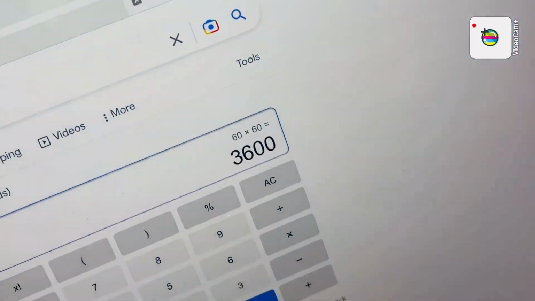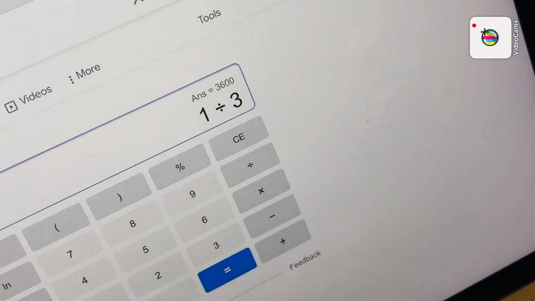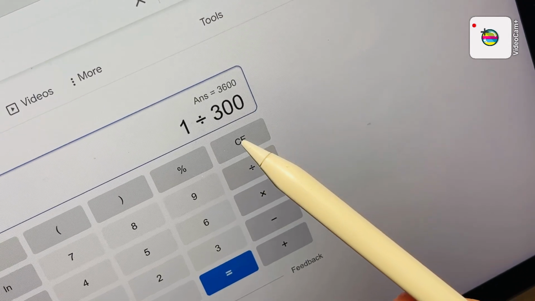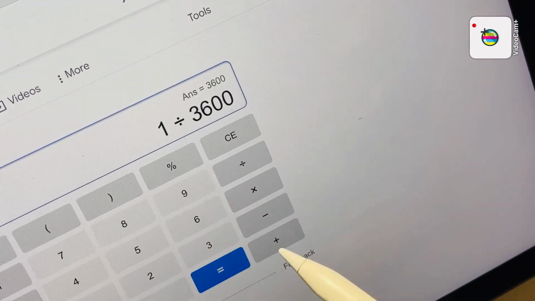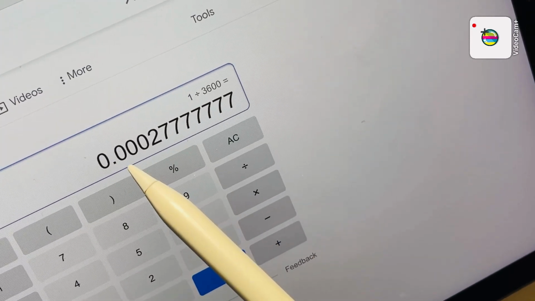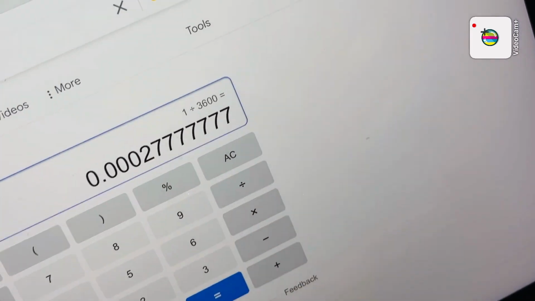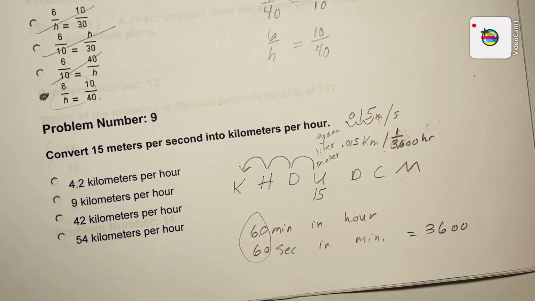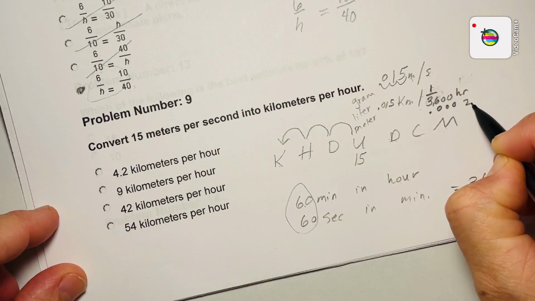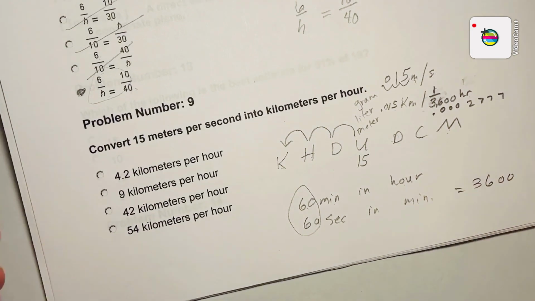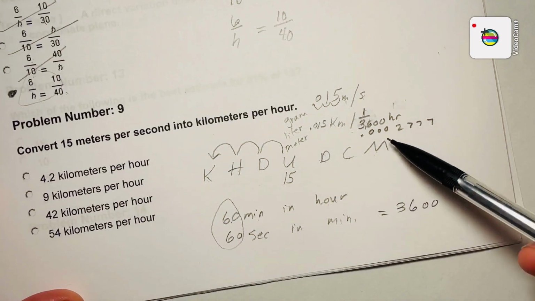So let's go 1 divided by 3,600. 0.000277. Very small numbers. That's why this problem is so hard.